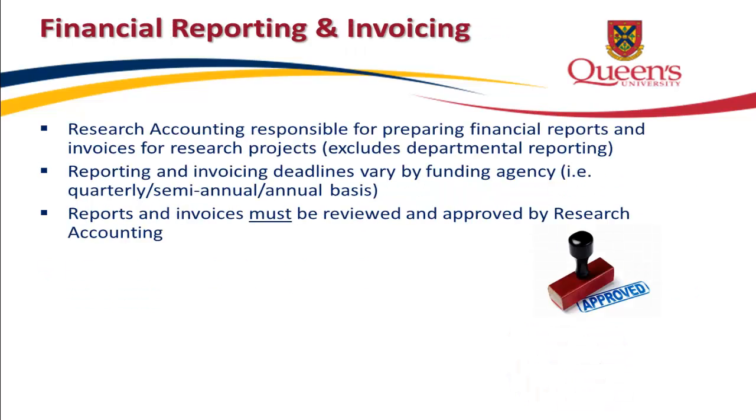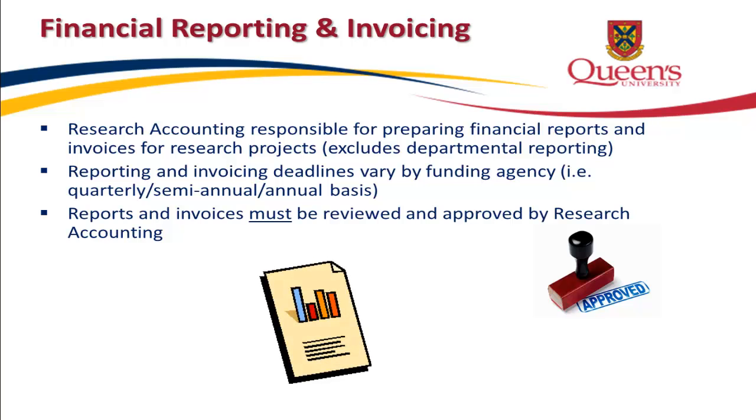Research accounting is also responsible for preparing financial reports and invoices for research projects. Reporting and invoicing deadlines vary by funding agency and may be required on a quarterly, semi-annual, or annual basis.